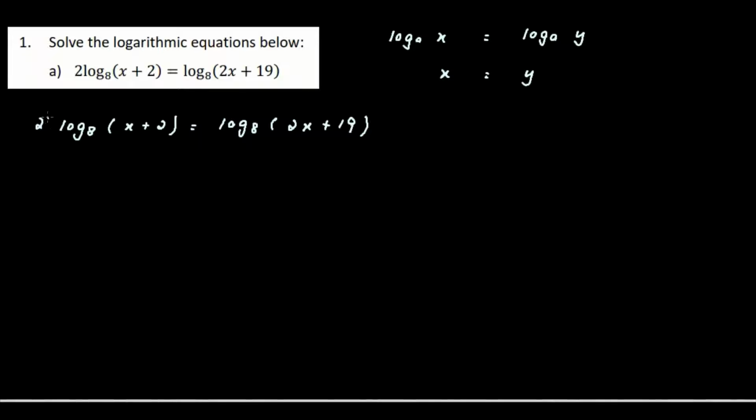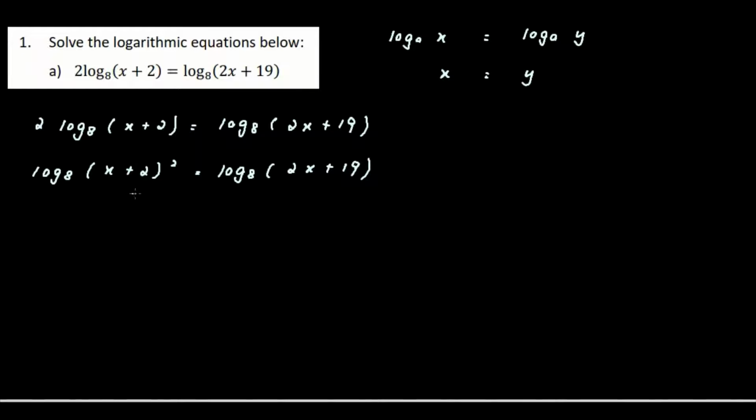So how can we move the 2? We can move it up to become the index of (x plus 2), correct? By using the power law, log 8 (x plus 2) squared will be equal to log 8 (2x plus 19). When you look at this equation, you can see that they are in the form of log a x and log a y already.